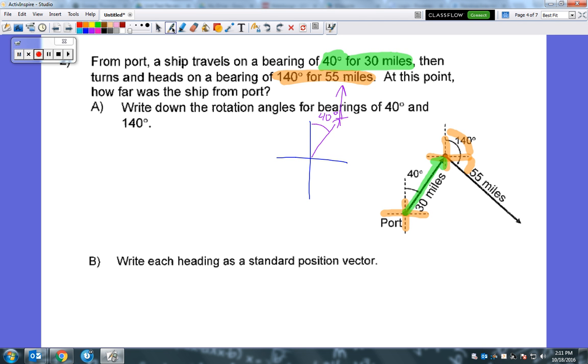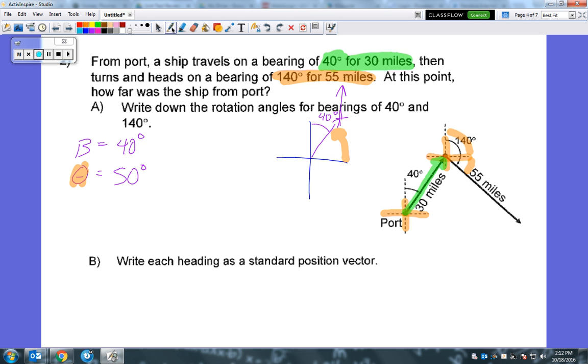So this is what we're going to do. We're going to write down first the notation as far as bearings go. In bearings, the first one is 40 degrees, which, what is that in rectangular form? 50 degrees. Because if this is 40, remember rectangular form starts from 90 degrees, or 0 on the x-axis, and that would be 50 degrees, the difference.